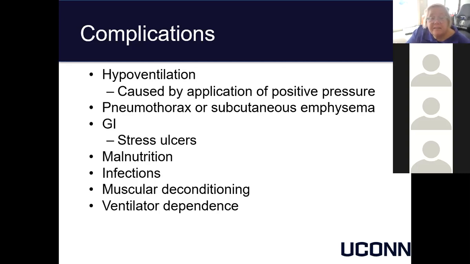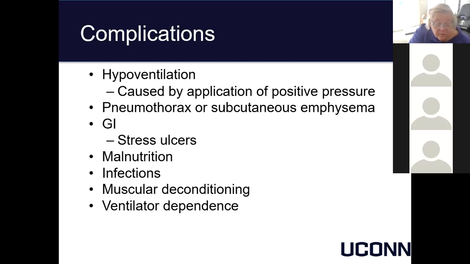We need to figure out a way to feed that patient via the GI tract as soon as possible. We need to prevent infections. We need to combat muscular deconditioning and all those other hazards of immobility. And we do not want patients to become ventilator dependent if at all possible.